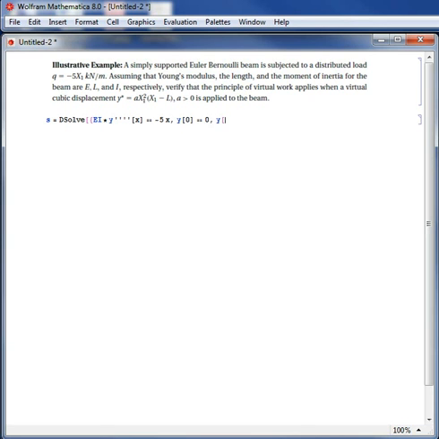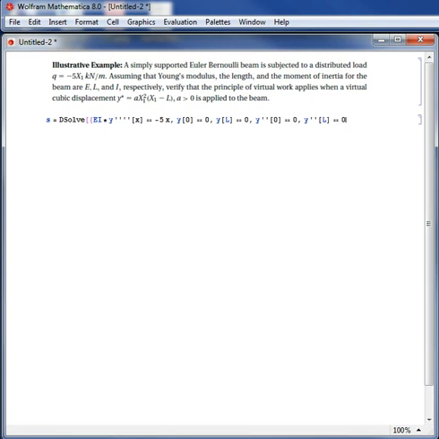Y of L is equal to 0. And the moment, which is the second derivative of the displacement at 0, is equal to 0. And the second derivative, which is the moment at the point L, is equal to 0.